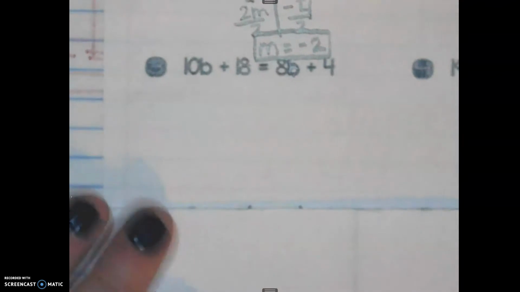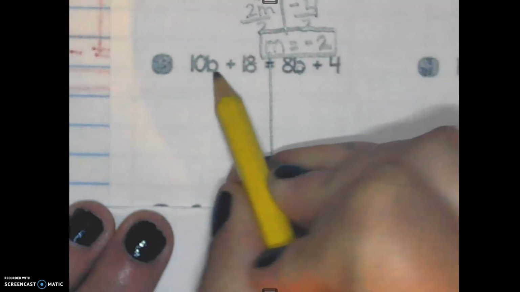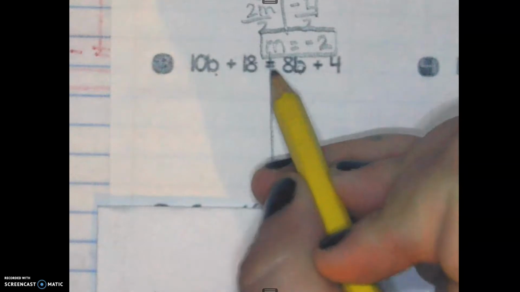All right. Let's look at the next one. So go ahead and write this down. This is number 3. With 10b plus 18 equals 8b plus 4. Sorry, I need glasses. I have an appointment today, though. All right, draw a line. I only have one b on this side. I only have one b on that side.